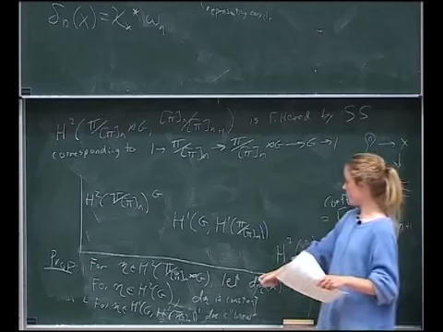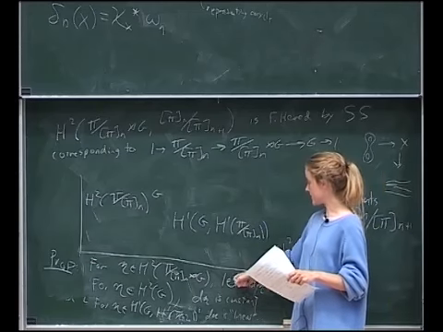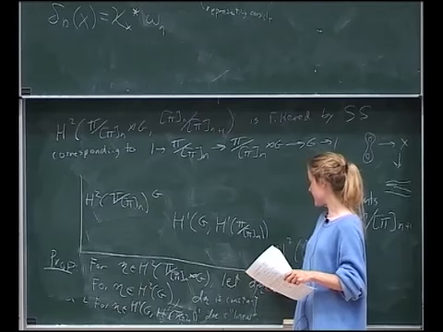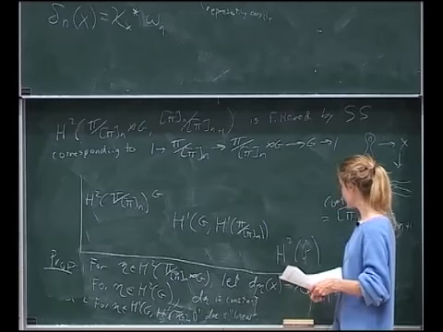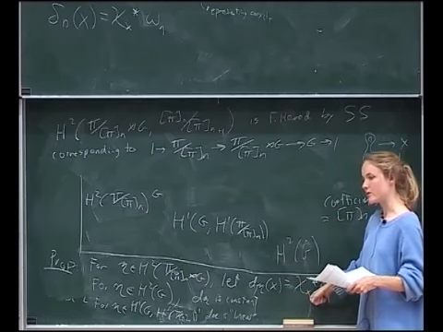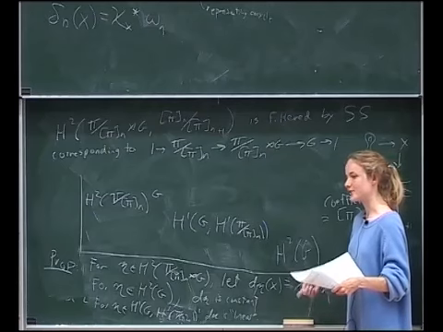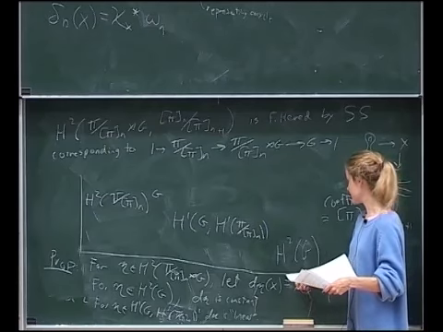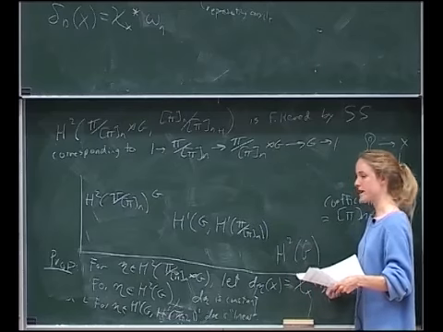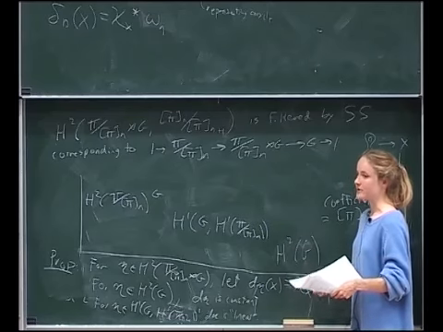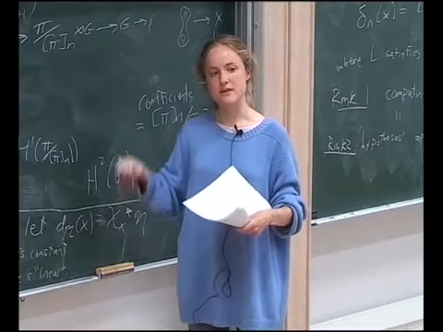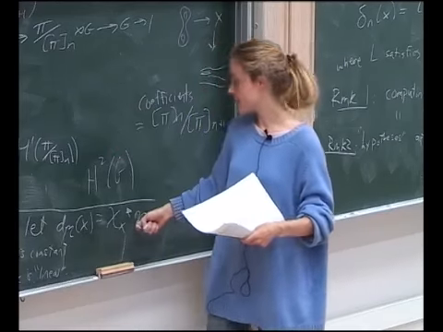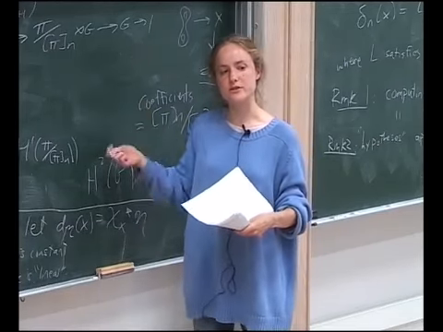For eta in H2 of pi over pi n, semidirect G, and the coefficients are pi n over pi n plus 1. Then we're going to take the corresponding obstruction. So this says let d eta x be the corresponding obstruction, and the corresponding obstruction is x actually corresponds to a map, or a map up to not enough conjugacy to mess up cohomology. So this is that map, and you pull back the class of eta.